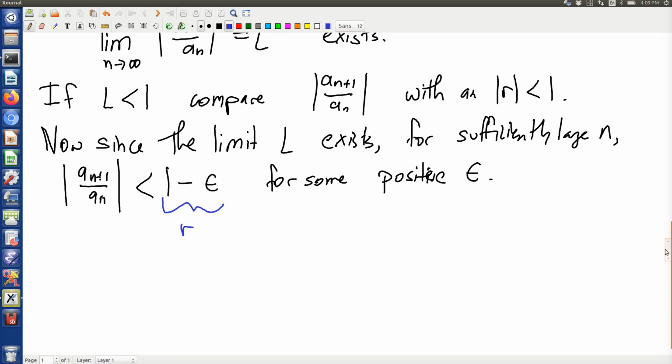So there may be a bunch of terms where the ratio is all over the map. But eventually, when n is large enough, because the ratio of terms in absolute value is going to a limit L, and that limit L is less than 1, eventually you got to get within epsilon of L. That's the epsilon from the epsilon-delta definition of the limit.